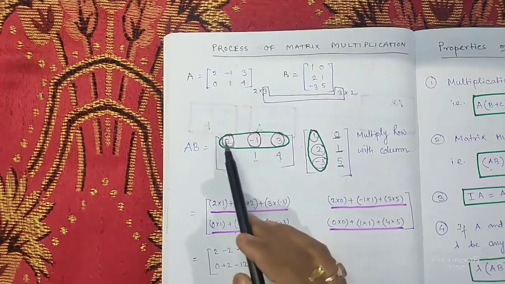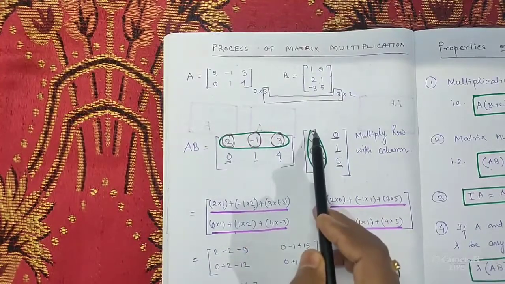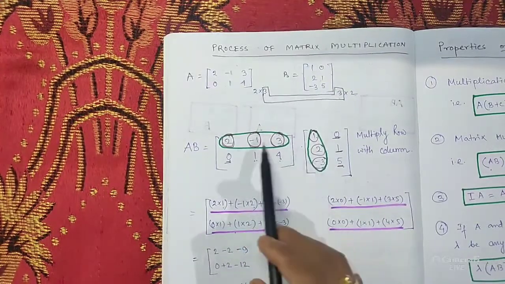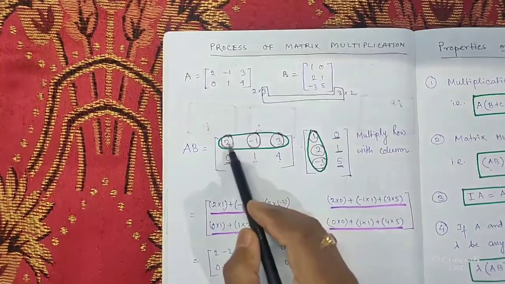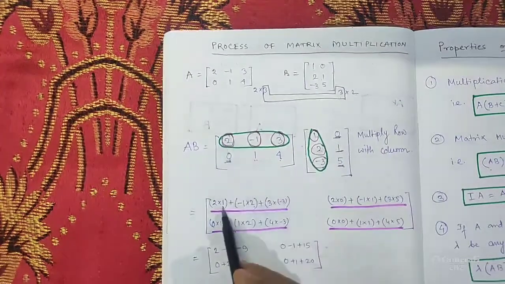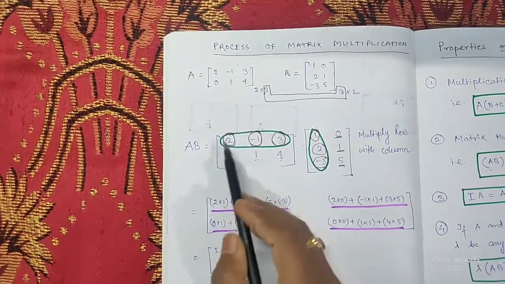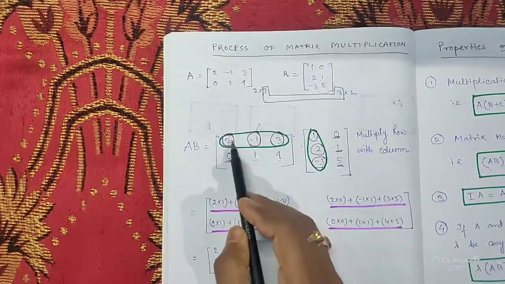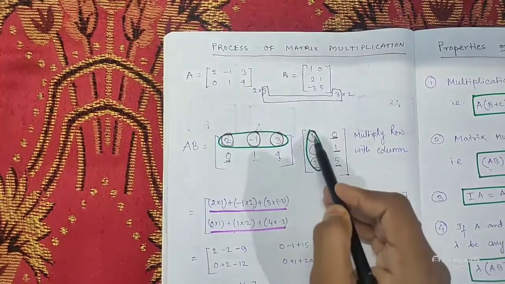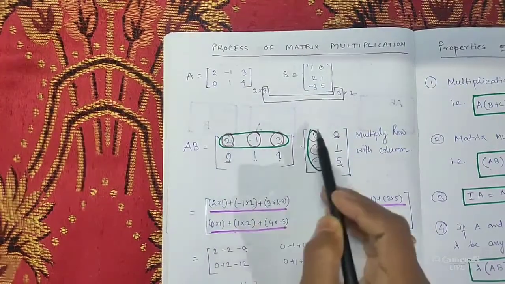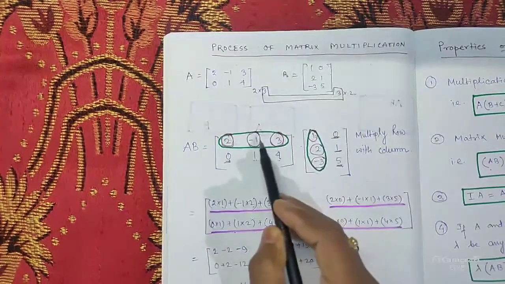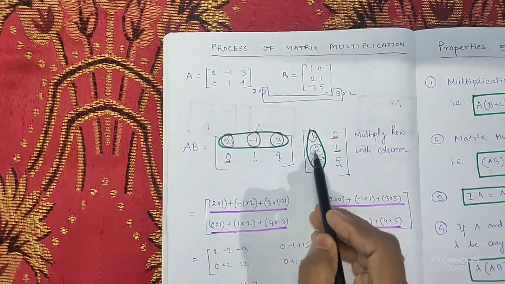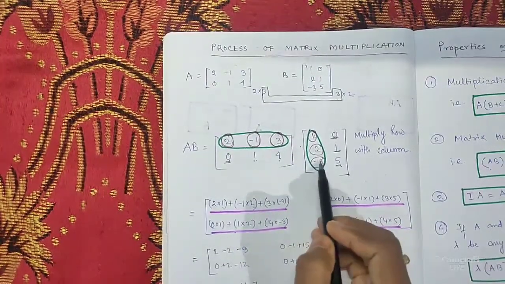We multiply the corresponding elements, then add them. The first position: 2 into 1 plus minus 1 into 2 plus 3 into minus 3.